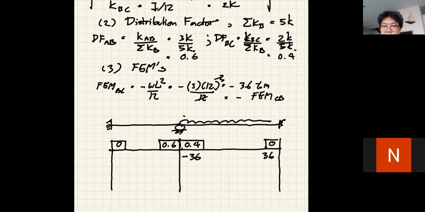Okay, so when you released it, because BC is not the true fix, we fix it so that we can calculate this fixed moment. All right, so when you release it, you need to balance it, and you need moment equal to 36.